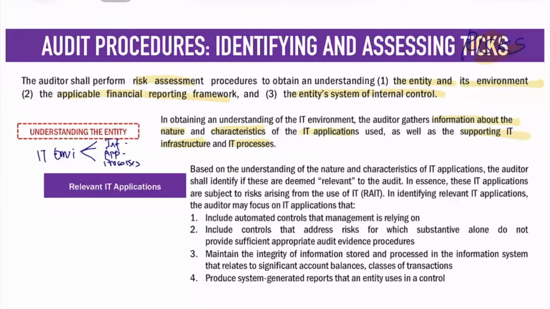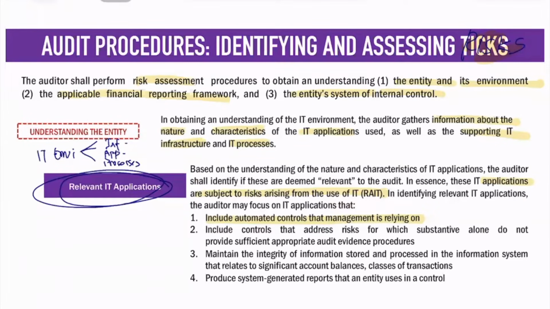And after we understand the whole IT environment, we need to determine the relevant IT applications. So what is the relevant IT applications? These IT applications are subject to risks arising from the use of IT. So to determine that, you include automated controls that the management is relying on.